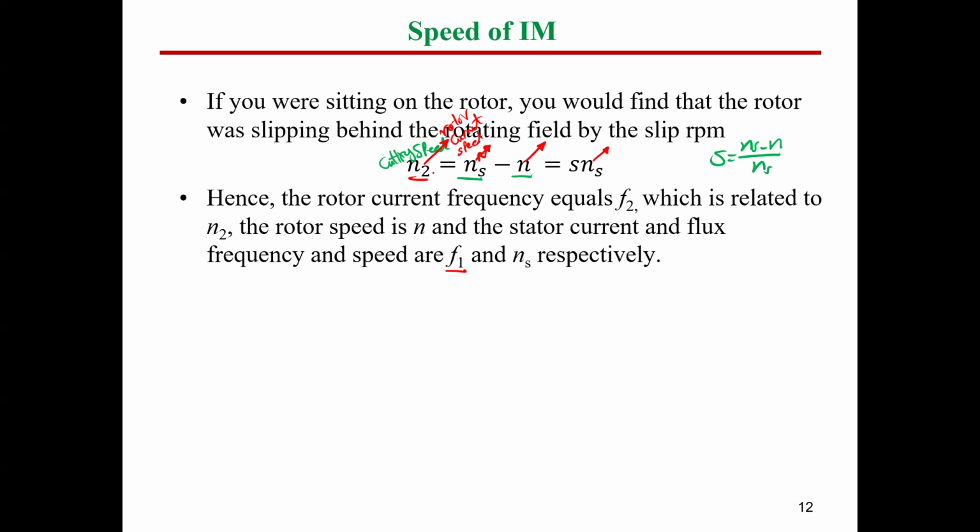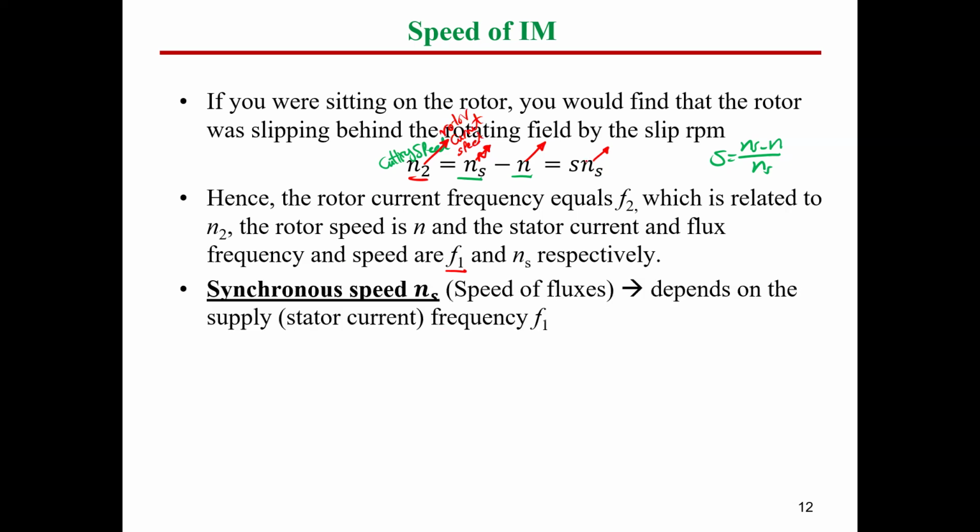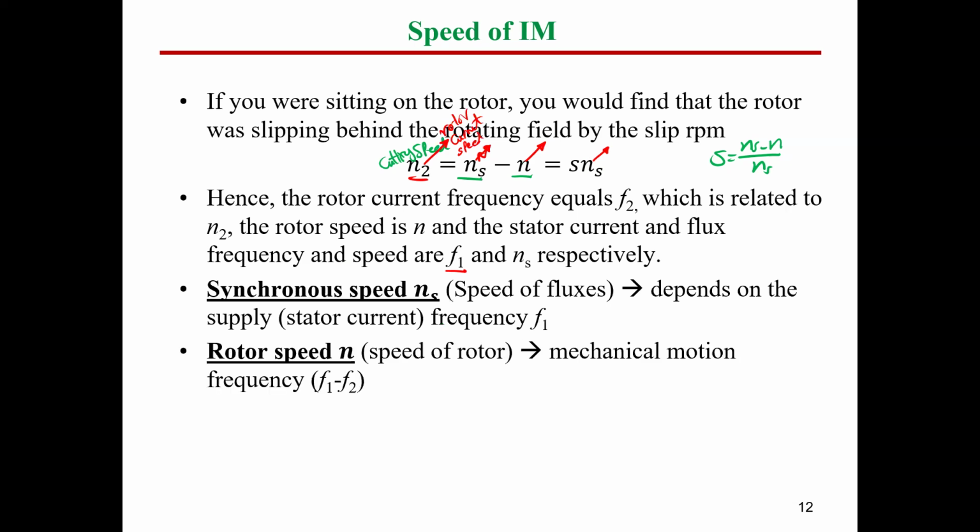So speed and frequency, we can say it's in principle the same thing. So this is called the rotor current speed, or rotor current frequency F2. This is called N, the rotor speed. And ns is the synchronous speed or the stator current speed or the flux speed. So these are the three speeds that we have right now, and this is the definition of every speed.